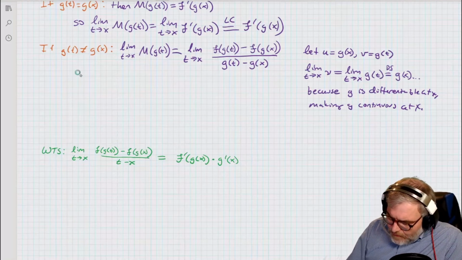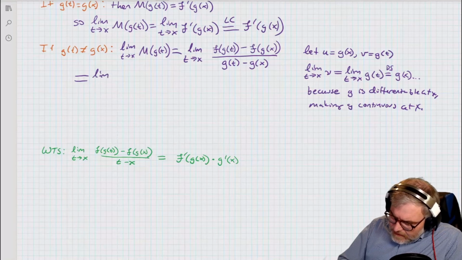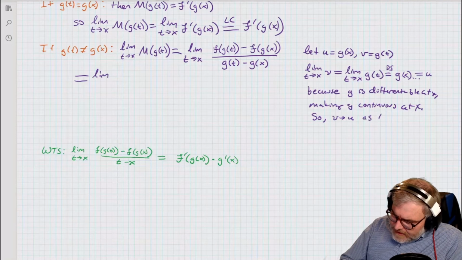So that means this whole bit here equals the limit as, so v goes to u. That's what I just said. I said that v went to g of x, which equals u. I said v went to u as t goes to x.